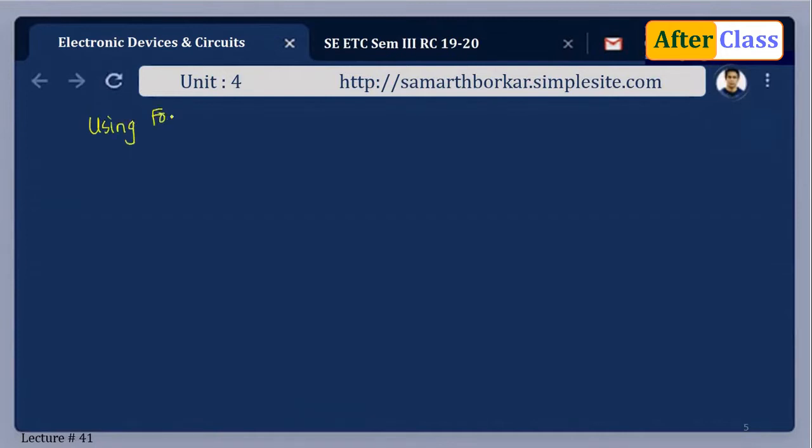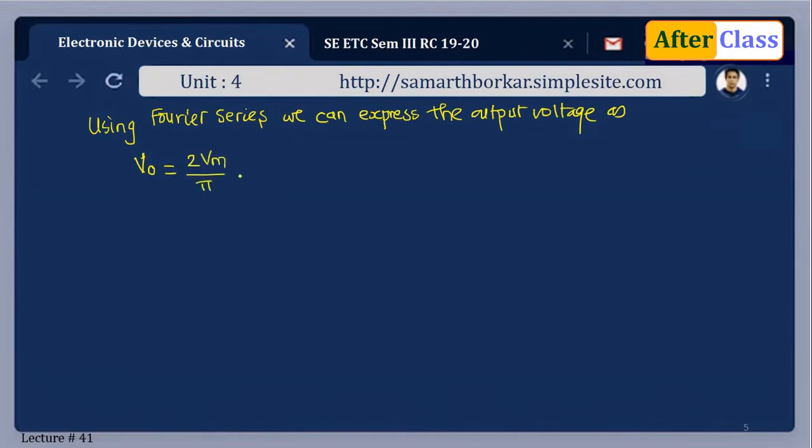Using Fourier series we can express the output voltage as V naught equals 2 Vm by pi minus 4 Vm by 3 pi cos of 2 omega t, and there are higher order terms.